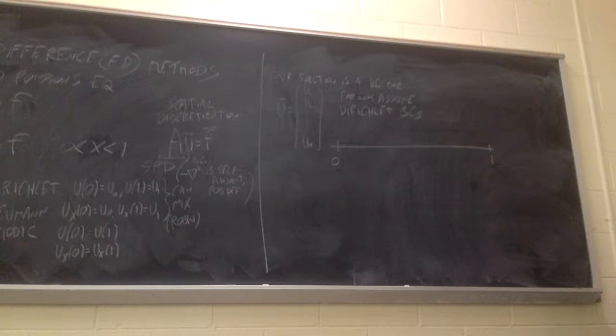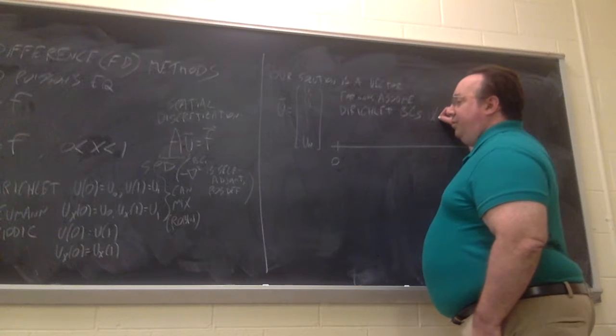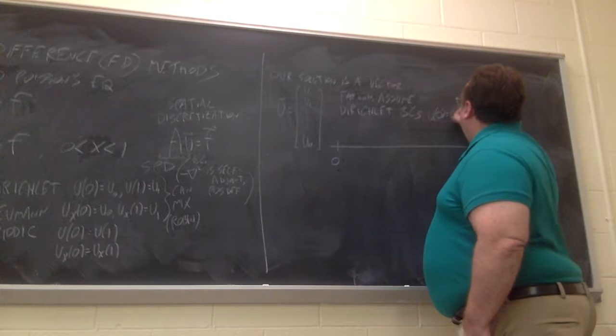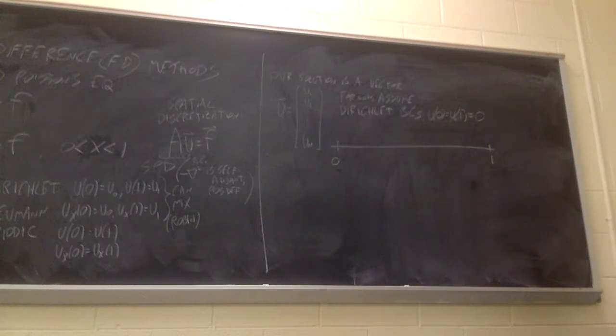It's whatever boundary conditions say they are. In fact, I'll be more specific. I'm going to assume that the boundary values are 0. Because for a case where they're non-zero, we can actually reduce it to this case and deal with it that way.